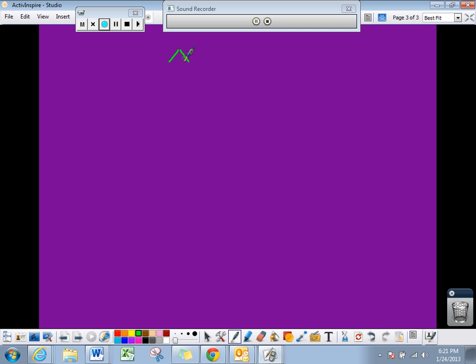So I'm going to have a coordinate system. And remember, this is 0 degrees. This is 90 degrees. This is 180 degrees. I'm sorry, not 360. Whew, not 360. 270. And then this is back to 360 degrees.